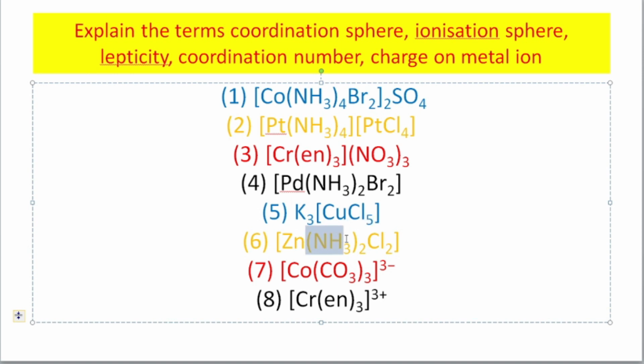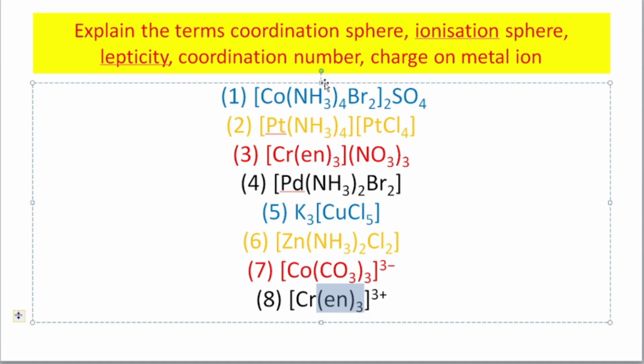In sixth, ammonia is one ligand and chloride is the other kind of ligand. So two different kinds of ligands are there, therefore it is a heteroleptic complex. In seventh, only carbonate are the ligands. So again it is a homoleptic complex. In eighth complex, only ethylene diamines are ligands. So again it is a homoleptic complex. I hope homolepticity and heterolepticity concept is clear to you now.